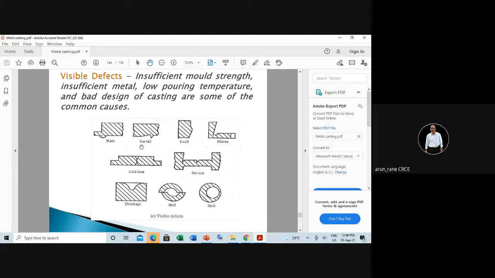Wash, rat tail, swell, misrun, cold shut, hot tear, shift, shrinkage. These are more common: swell, shrinkage, and shift.